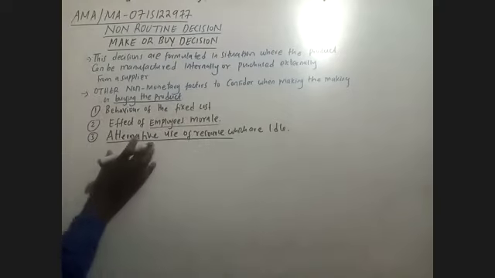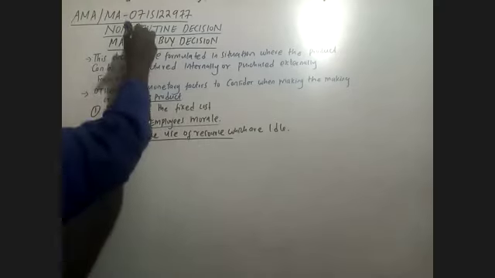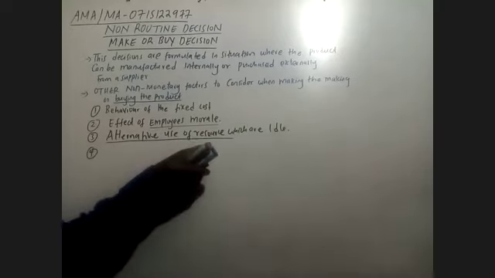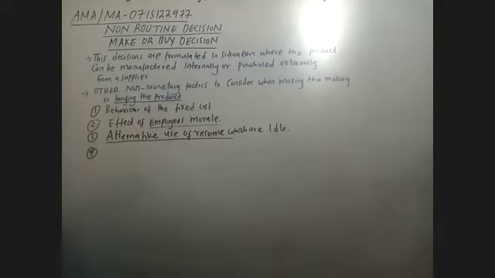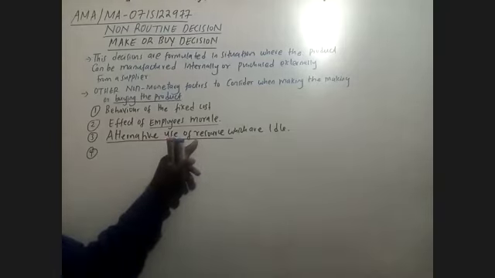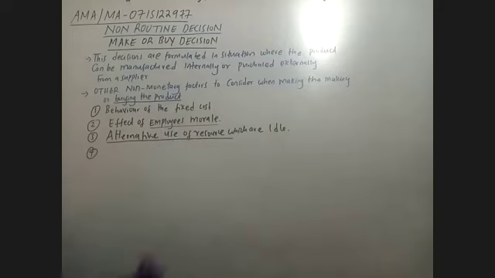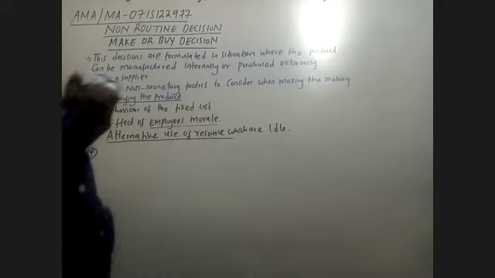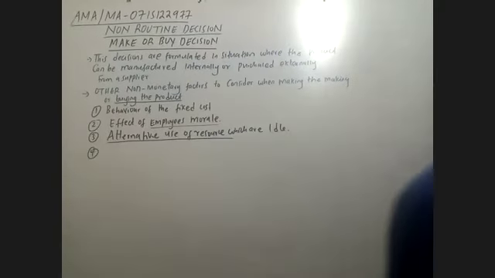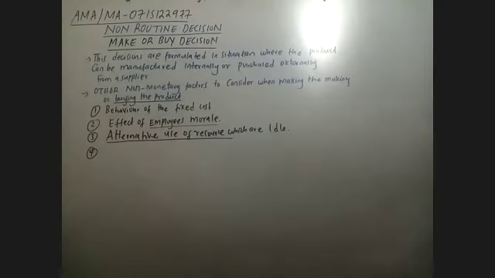Can we use these idle resources to make that product? If you have alternative resources which are idle, meaning you can spare those resources to make an additional product, that's another factor to consider.